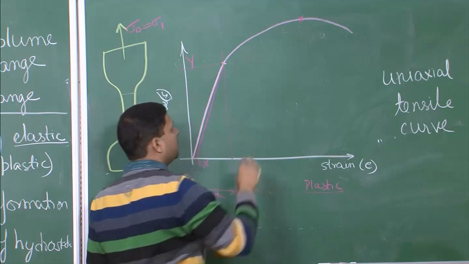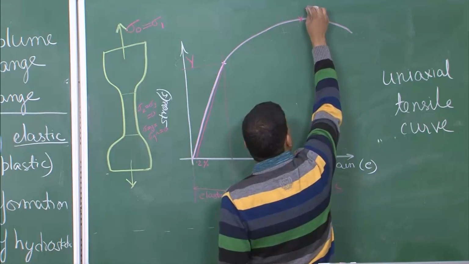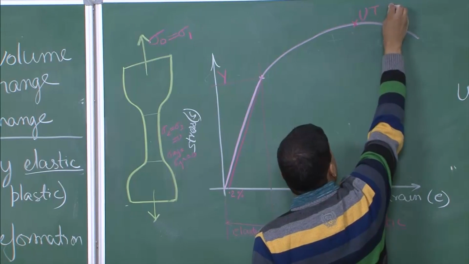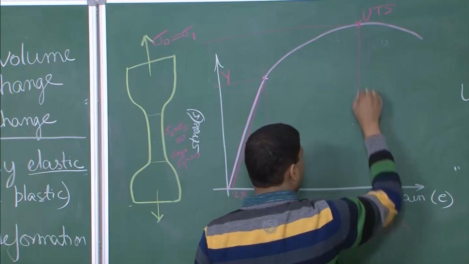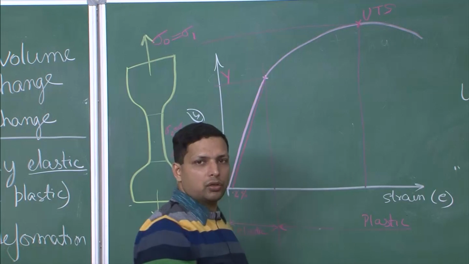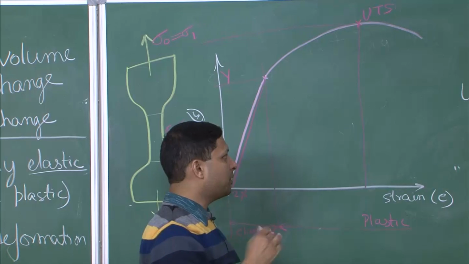This is the point which is called UTS, or the ultimate tensile strength. This is again a stress value, and the strain related to this is also very special, it has some significance.